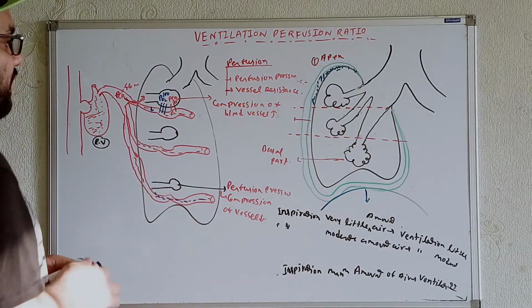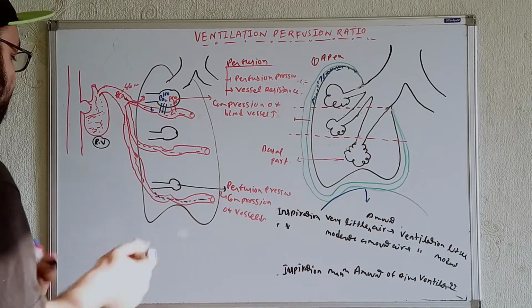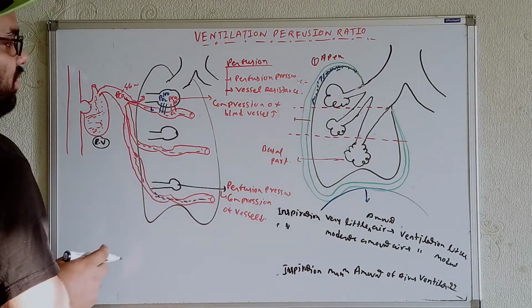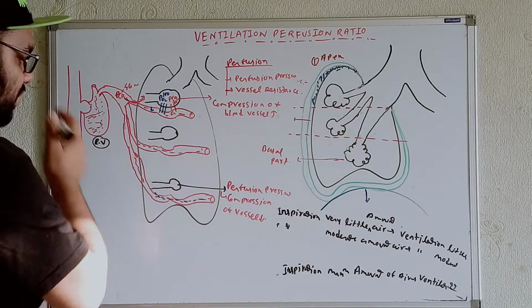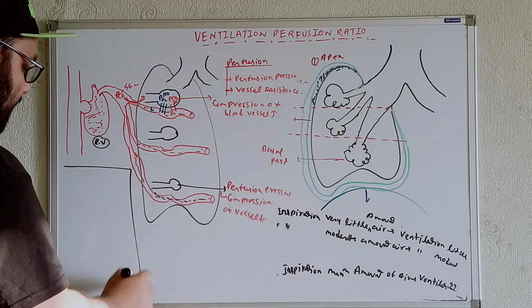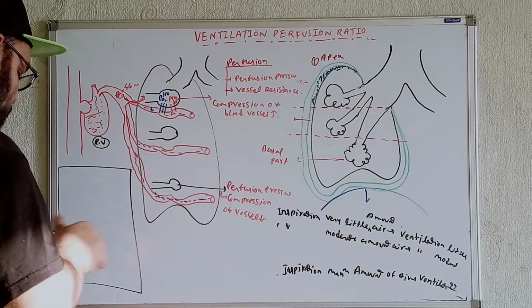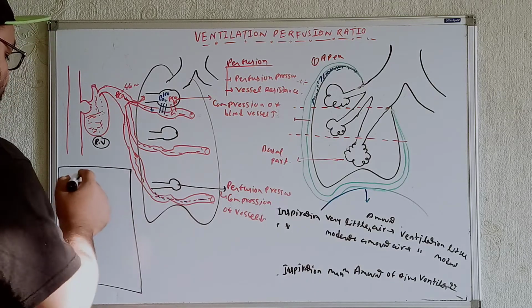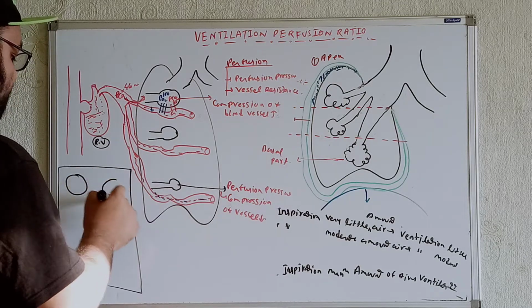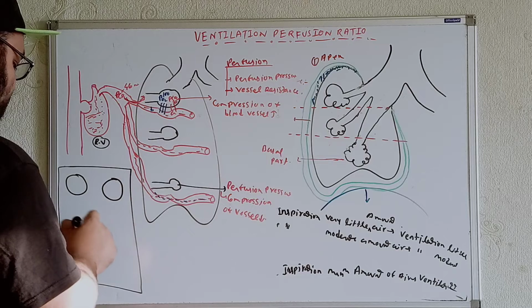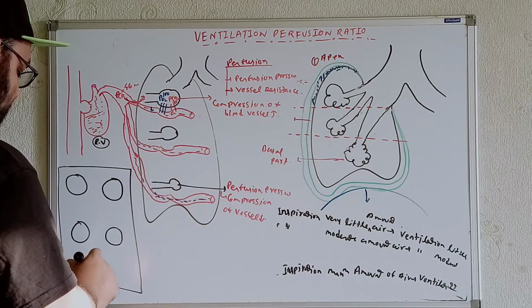Now if we compare, try to understand, the perfusion and the ventilation ratio. Let's draw this part over here and try to understand. See, in the first part, if you draw, the size is more, the size is moderate, the lower part size is less.